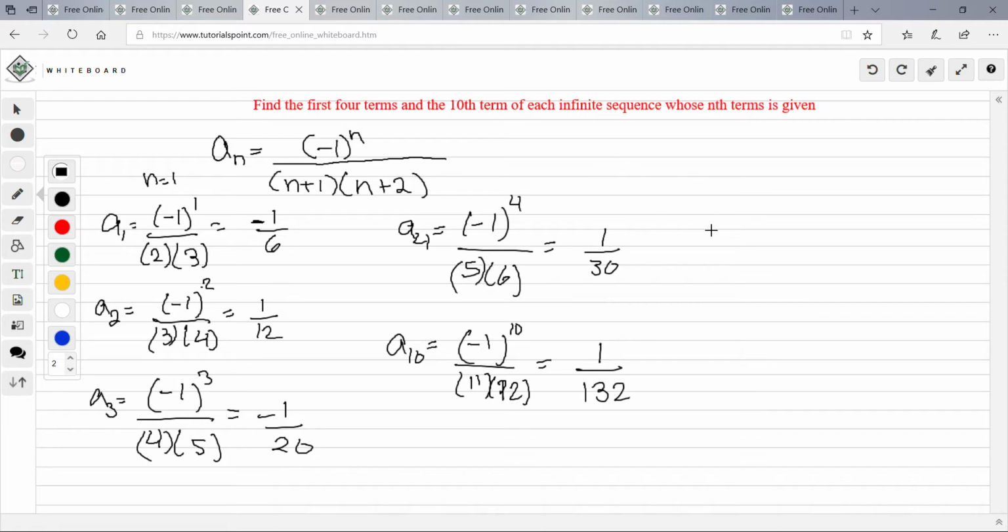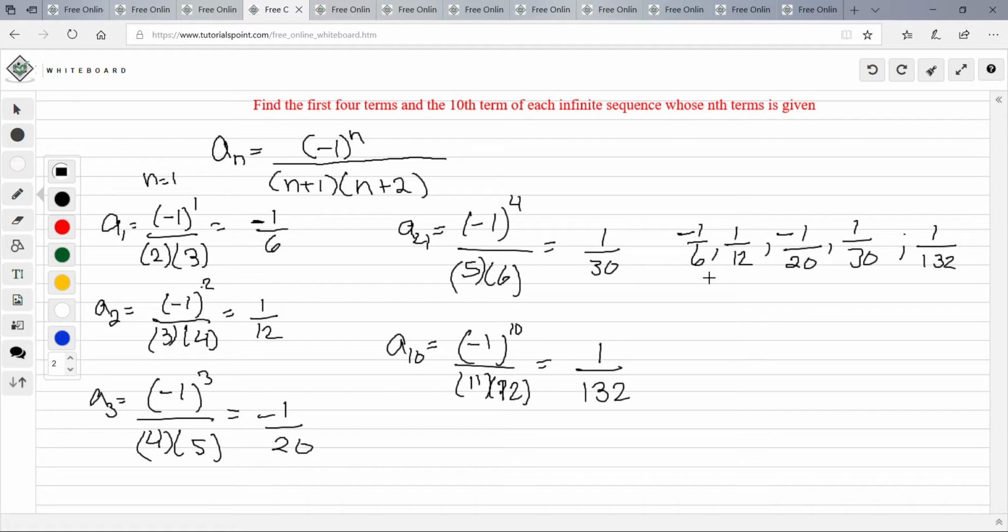So your sequence is negative 1 over 6, 1/12, negative 1 over 20, positive 1 over 30, and then the 10th term is 1 over 132.